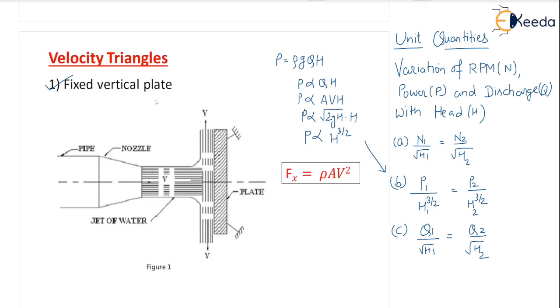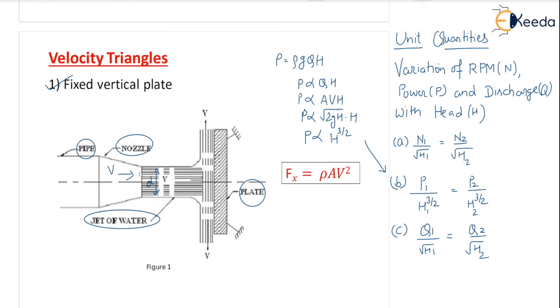Initially the plate was vertical, as you can see the fixed vertical plate here, and the jet of water is moving in this direction. This is a nozzle and pipe. This is the jet diameter D, and V is the velocity with which the water is coming from the nozzle.